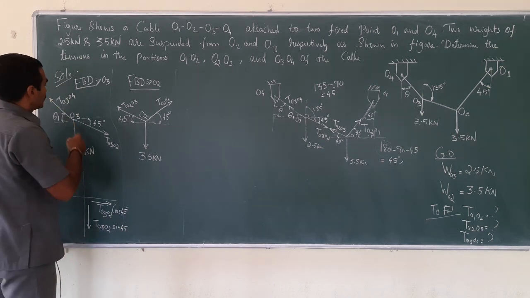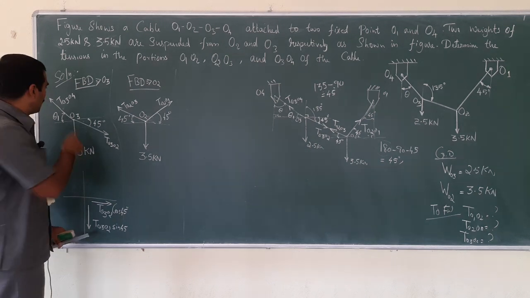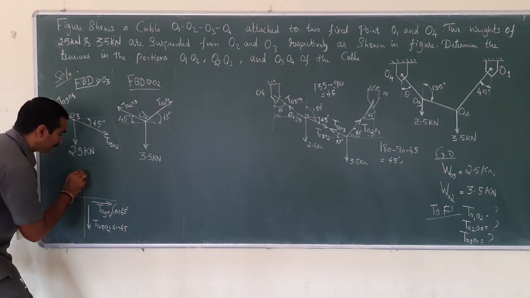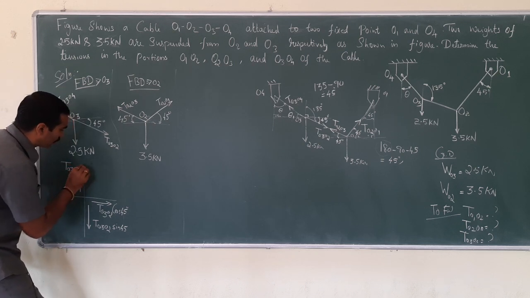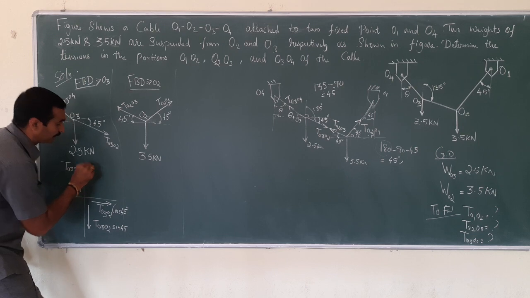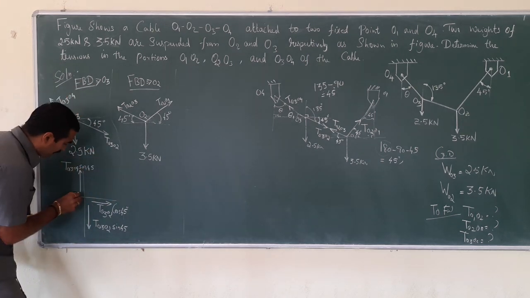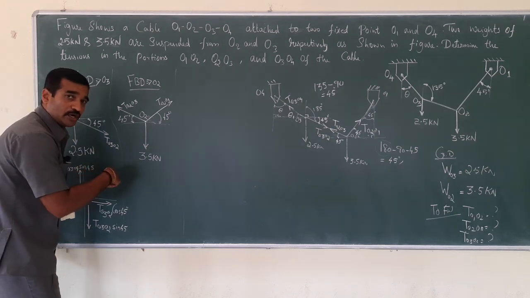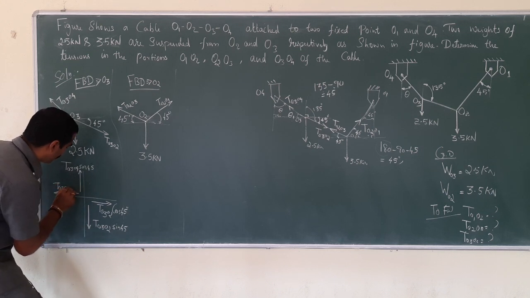Let me just convert this into 2 components, that is vertical and horizontal. Its vertical component would be vertically upwards of magnitude T O3 O4 sin 45. Got it? And its horizontal component could be in this direction, that is negative x direction, and this can be written as T O3 O4 cos 45.